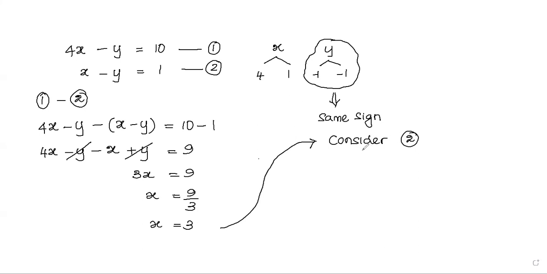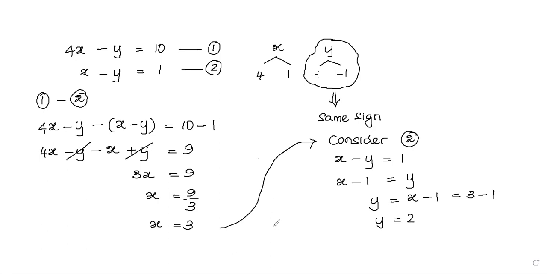Here I selected the second one. Then x minus y equal to 1, so x minus 1 equal to y. Then I can write y equal to x minus 1, and x is 3, so 3 minus 1, then y is equal to 2.